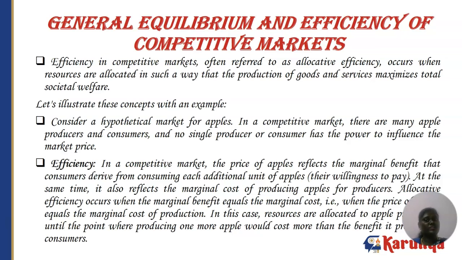So you have to make sure that your factors are efficiently allocated to production, in order to make sure that your marginal cost of producing apples is equal to your marginal benefit.